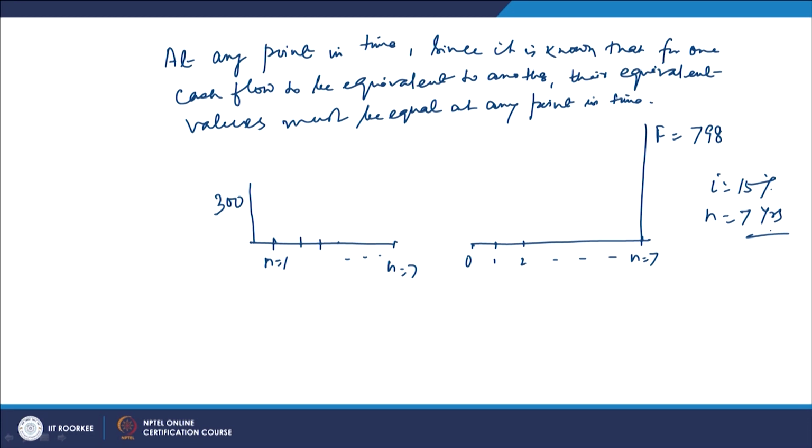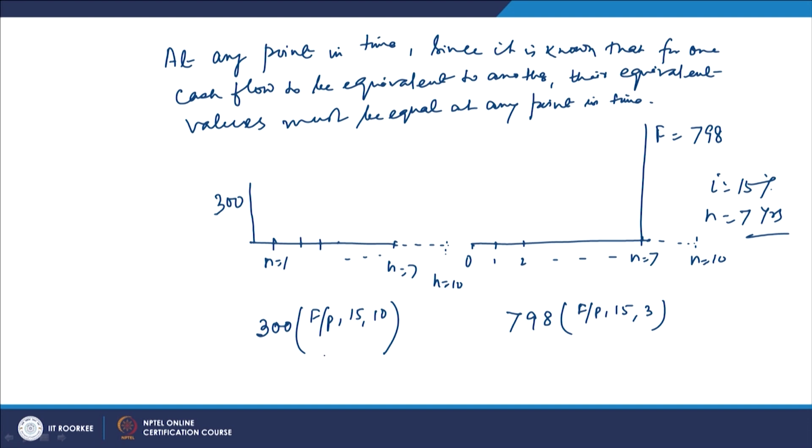Then the 300 has to be multiplied by F by P, 15, 10, and similarly the 798 has to be multiplied by, since it is only going for 3 time periods, F by P, 15, 3.